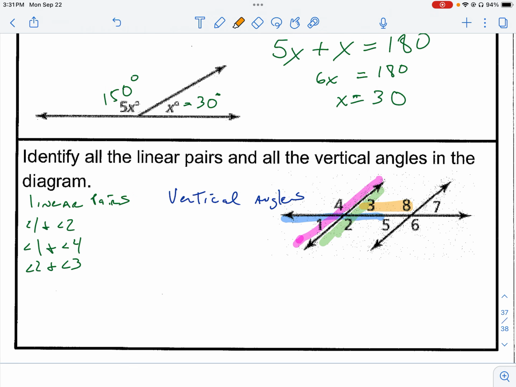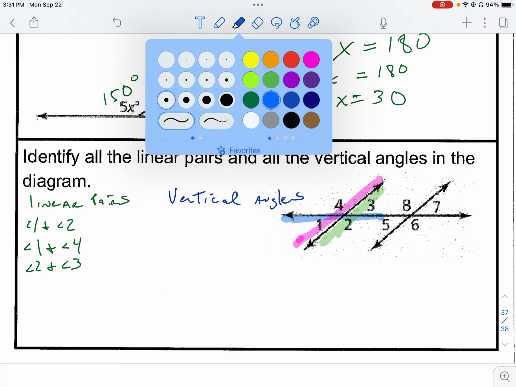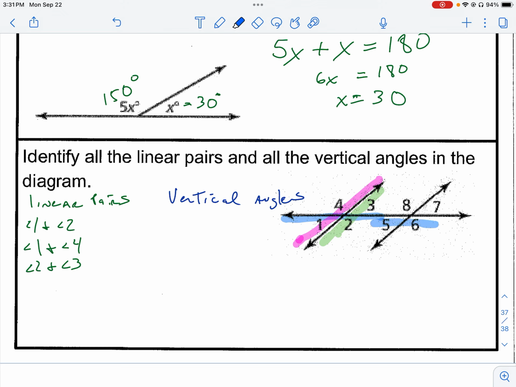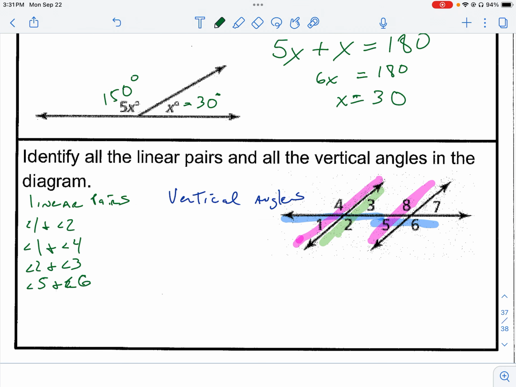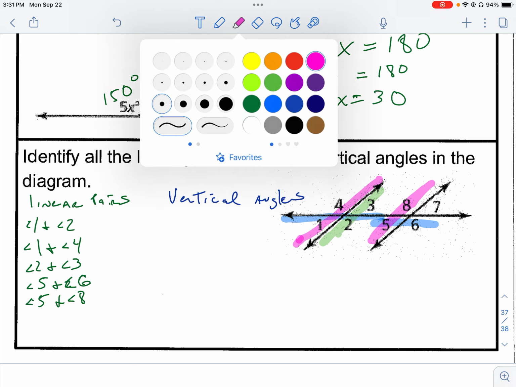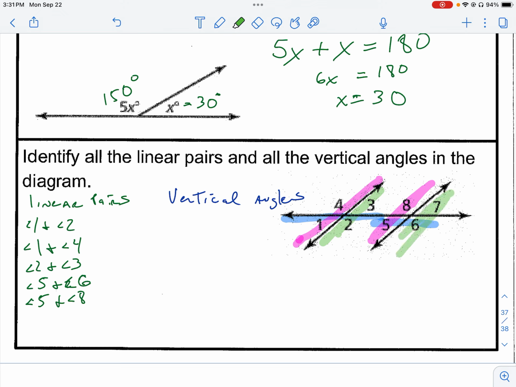What about 3 and 8? That's a line, but they're not adjacent. They don't have a common vertex, so they can't be a linear pair. So where to next? Well, 5 and 6 form a line. Angle 5 and angle 6. Okay. 5 and 8 form a line. 6 and 8 form a line.